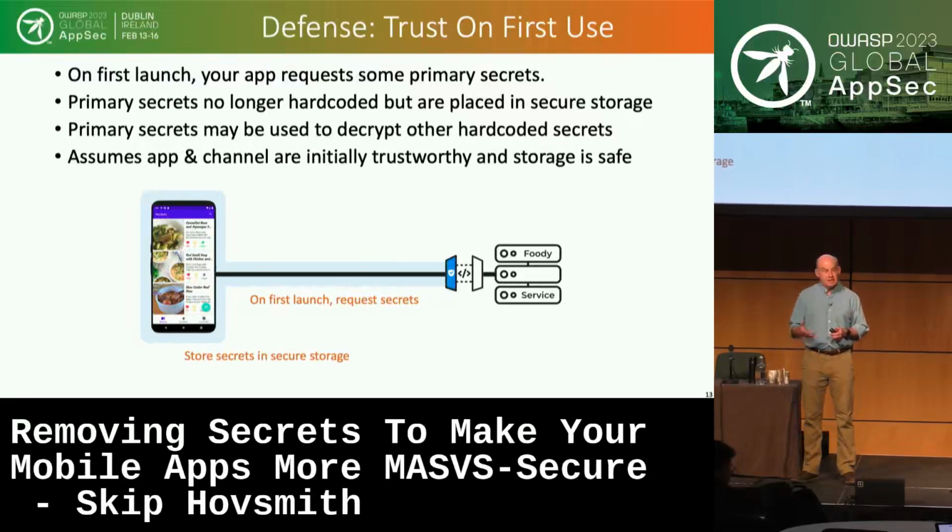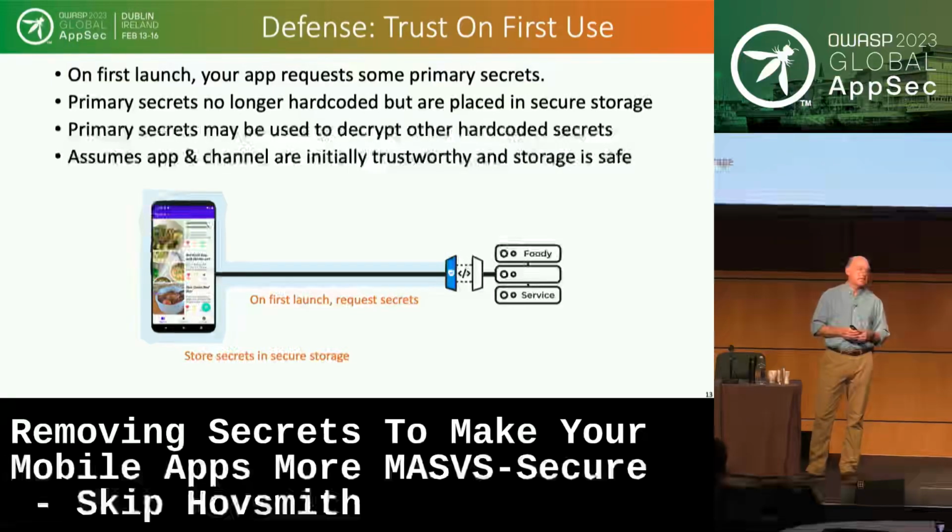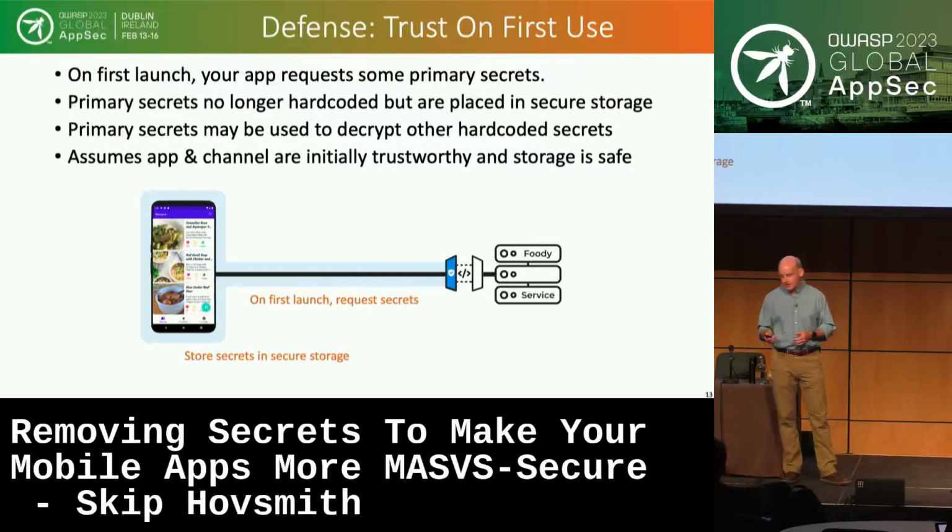It assumes a lot in that it assumes that the trust is there on the first use. So manipulation in the middle, man-in-the-middle type attacks are definitely very popular here. So I would launch an app with man-in-the-middle running and see what I can observe in that channel. So it works well unless somebody really wants to break what's going on.